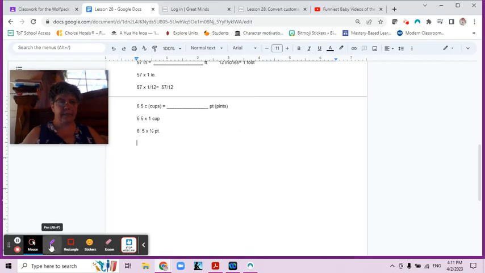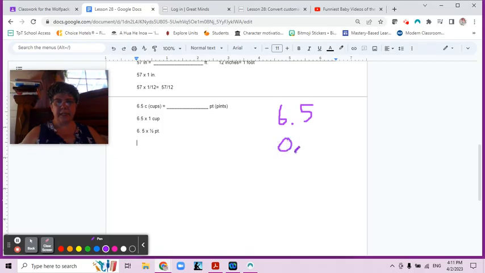I think the easiest thing to do would be to change your fraction, 1/2, to 5/10, and do 6 5/10 times 5/10, right? 5/10 is the same as 1/2.